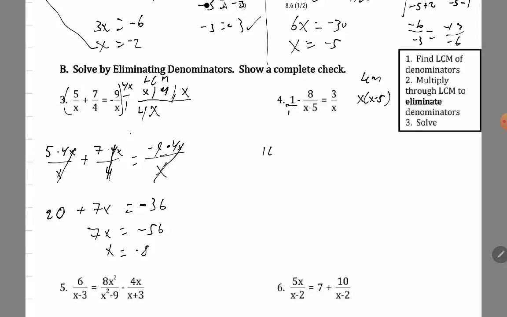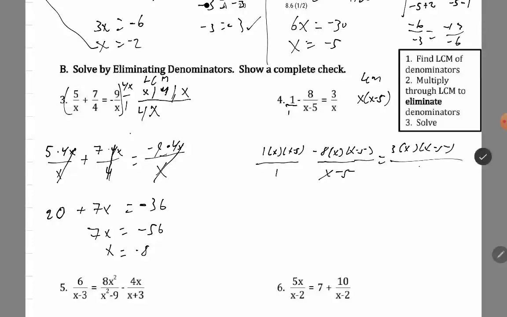So I have 1 times x minus 5 minus 8 times x minus 5 equals 3 times x minus 5. And then let's put their denominators. That was 1. That was x minus 5. And that was x. Cancel out what we can.